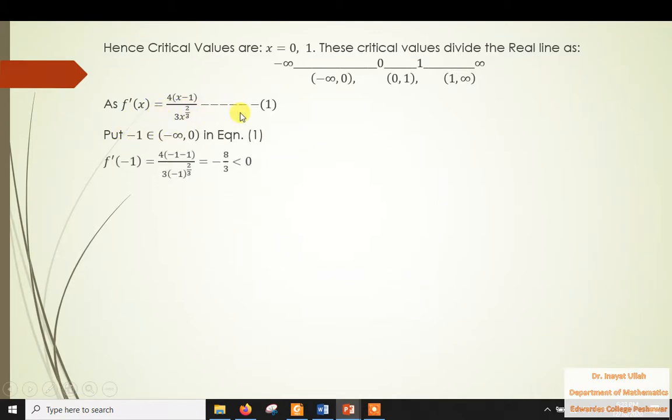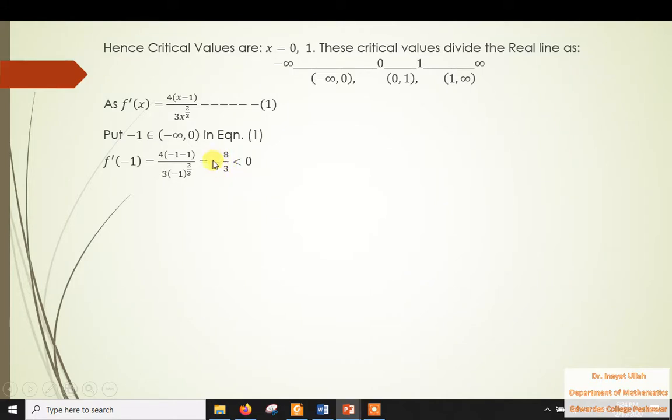Whenever you put x equal to -1 here, we'll be getting f prime -1 equal to 4 into -1 divided by 3 into (-1) power 2 by 3. -1 into 4 is -4... -1 square is +1. +1 into 3 is 3. So we see here that f prime -1 is -8 by 3.